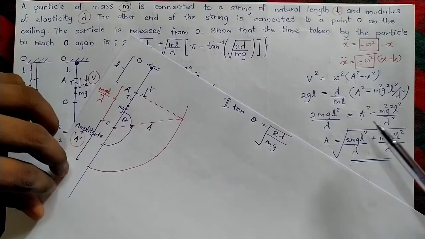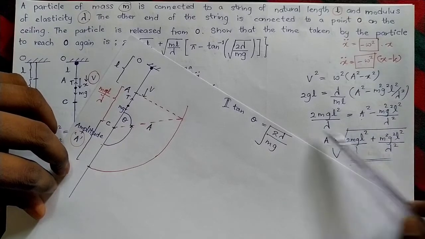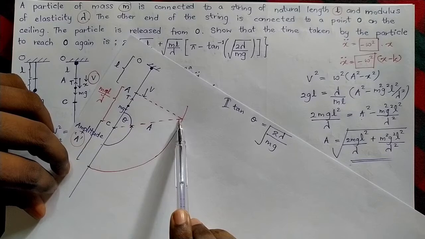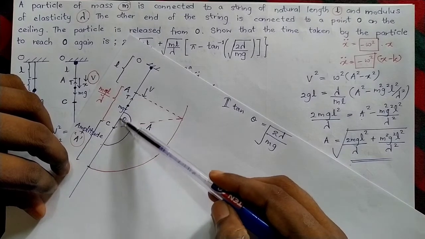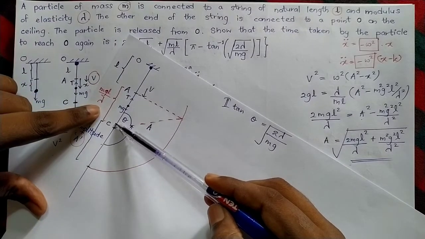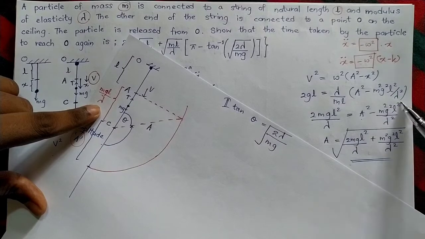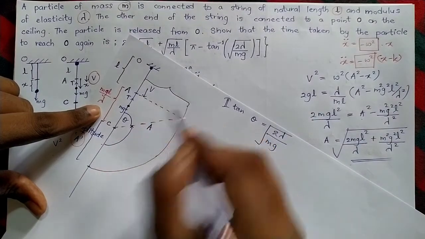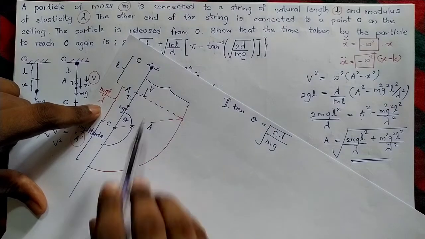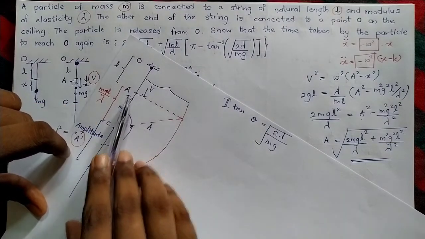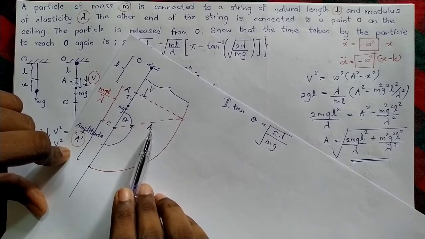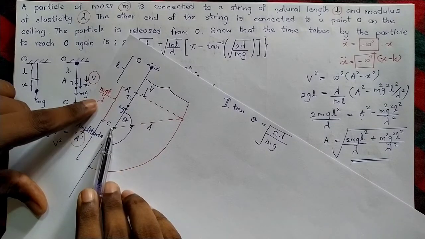Then think, this obeys the Pythagoras relation. Hypotenuse square minus this length, mgl over lambda, square, will be equivalent to the square of this. Consider this as a right angle triangle. This length is equivalent to amplitude square minus this length square.